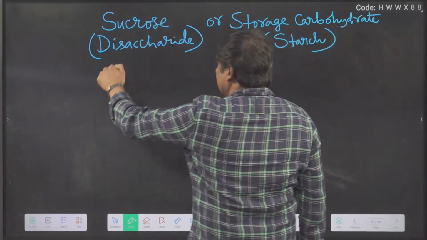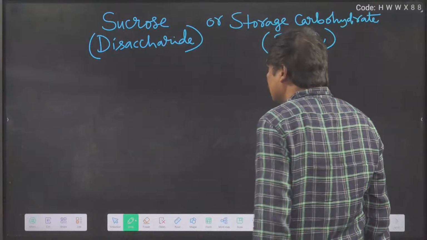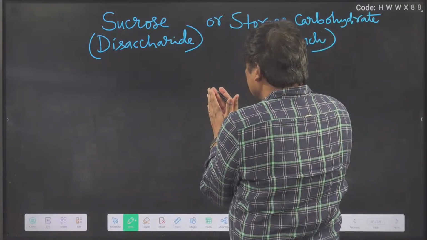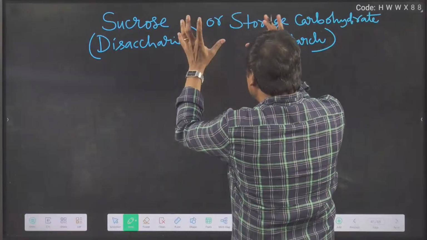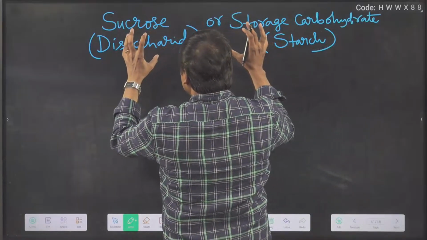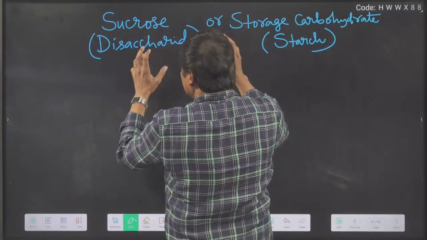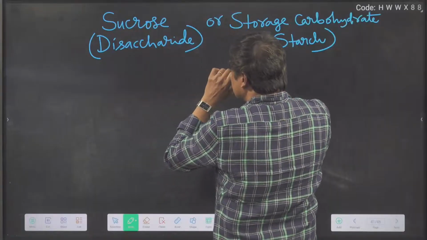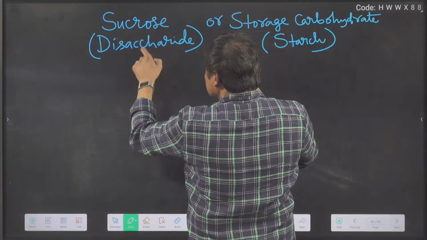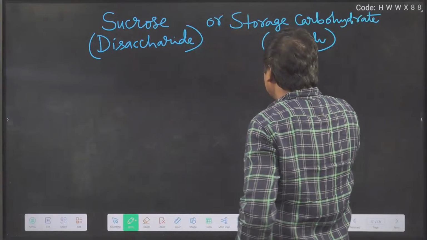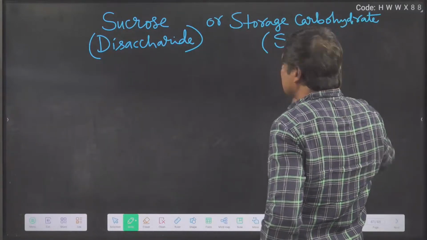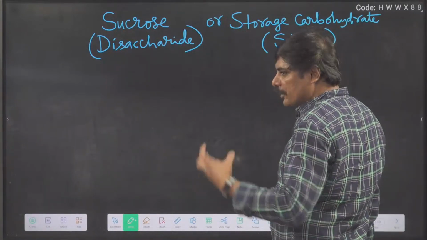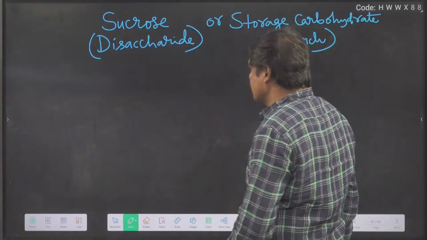Sucrose is a disaccharide. So in plants, the glucose or fructose comes from these two products of photosynthesis. The direct product of photosynthesis is sucrose, and this sucrose is converted during storage into starch. Storage product.